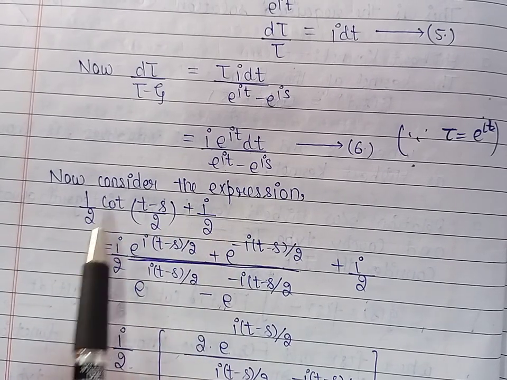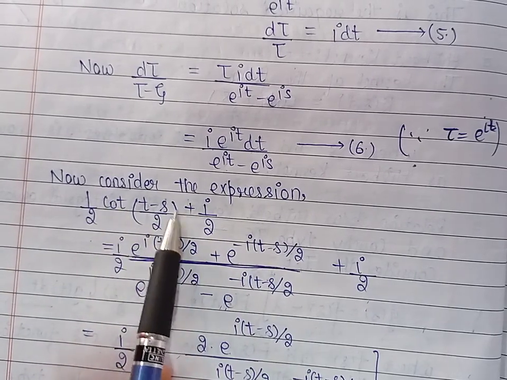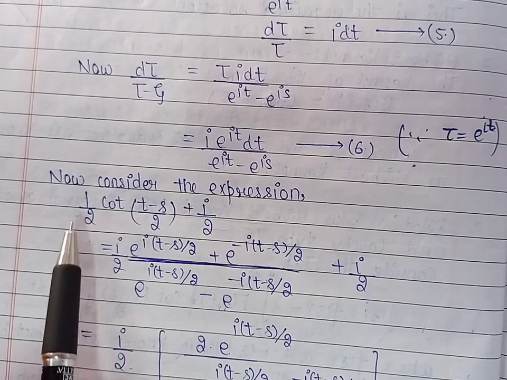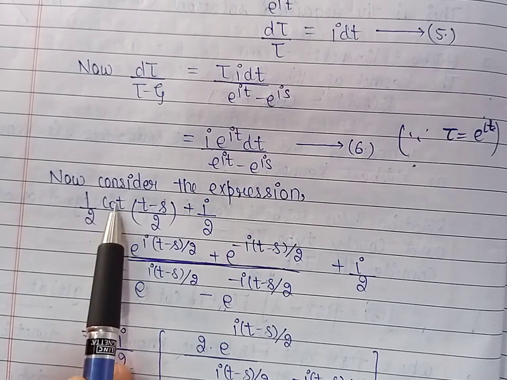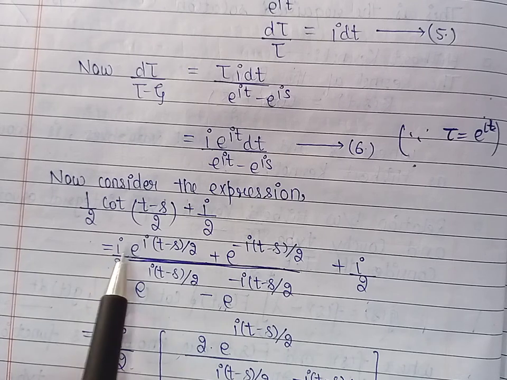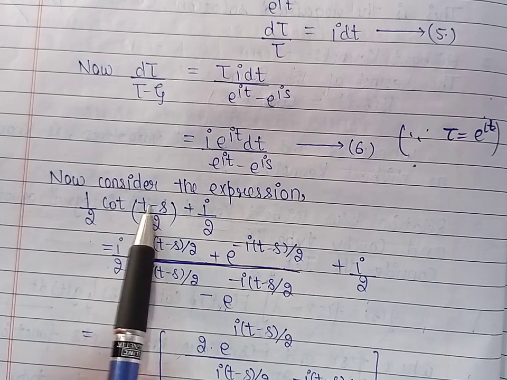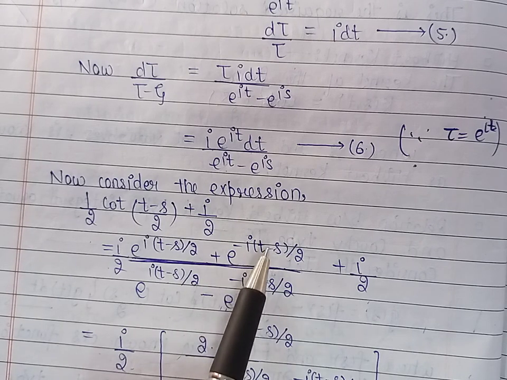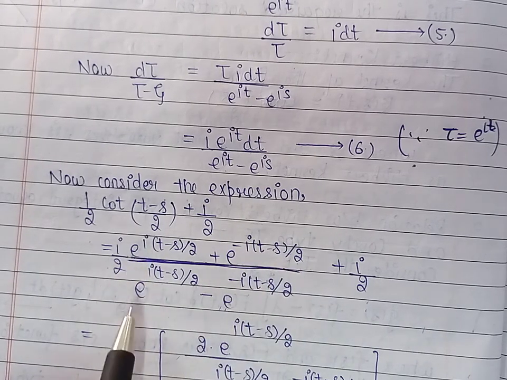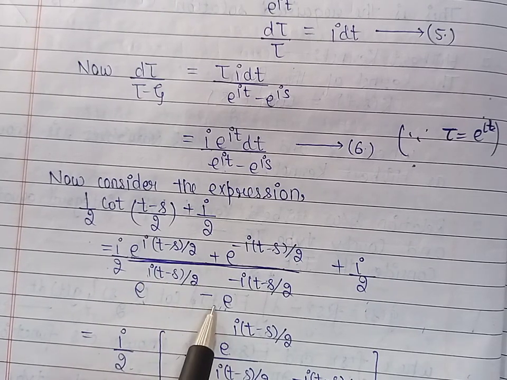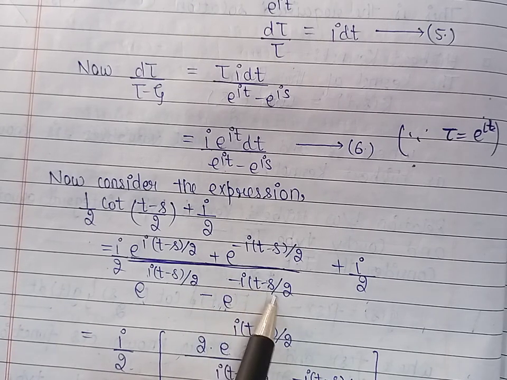By definition of cot, cot of (t minus s)/2 is given by iota into [e raised to the power iota (t minus s)/2 plus e raised to the power minus iota (t minus s)/2] divided by [e raised to the power iota (t minus s)/2 minus e raised to the power minus iota (t minus s)/2].